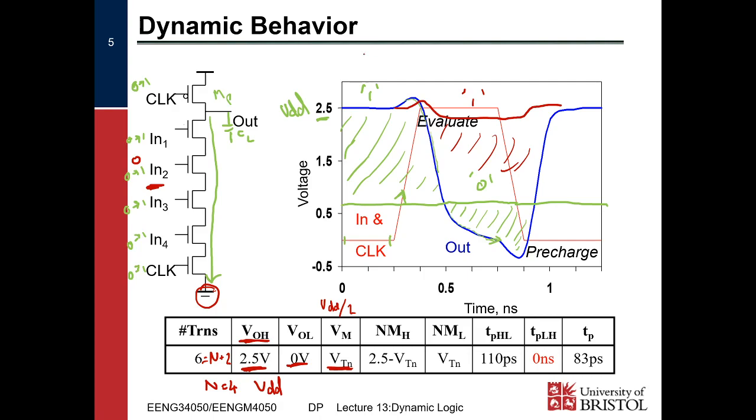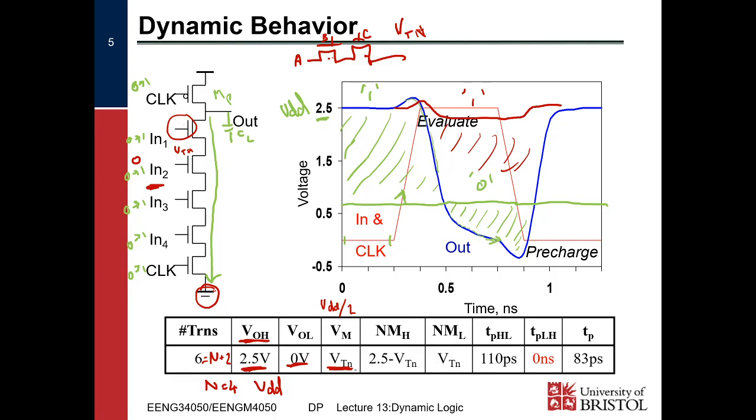Just like with our pass transistor logic, if we had A, B and C, like that, the point at which these two transistors start to conduct in pass transistor logic is VTN, the threshold of an NMOS, right? Similarly here, the point at which these start to conduct is VTN, right?